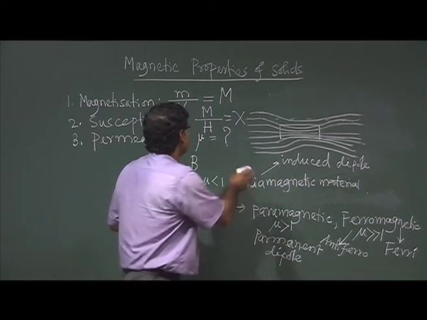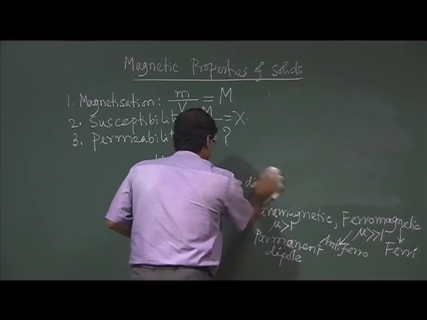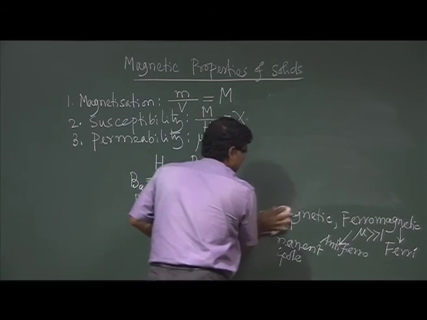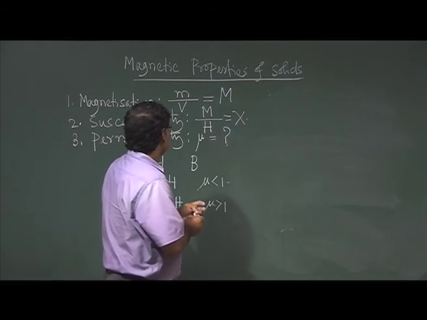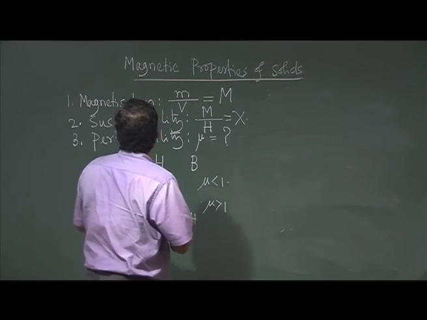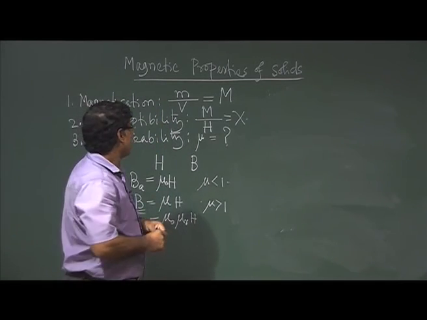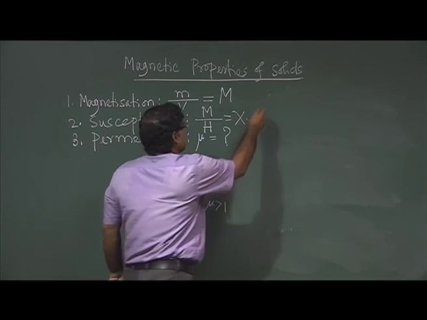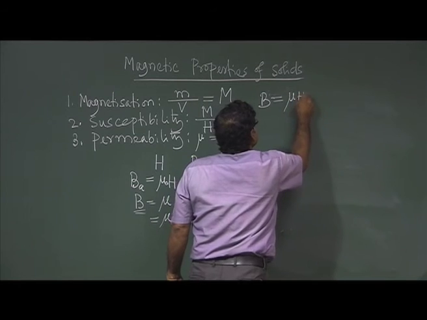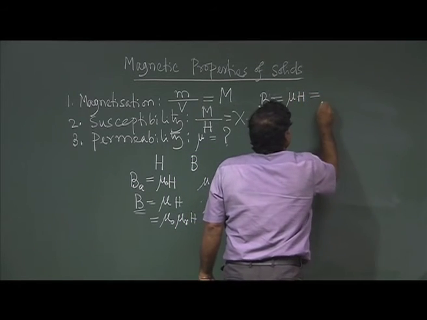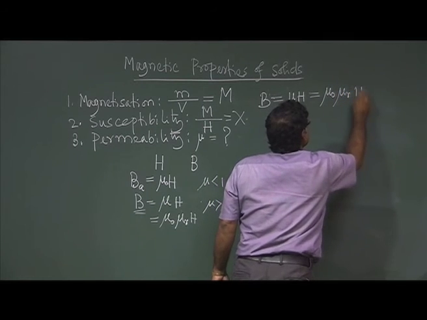But before that, let me find out the relation among these parameters. There is a relation among these. So, B, what we got, B equal to mu H, mu can be written as mu 0 mu r H, okay.